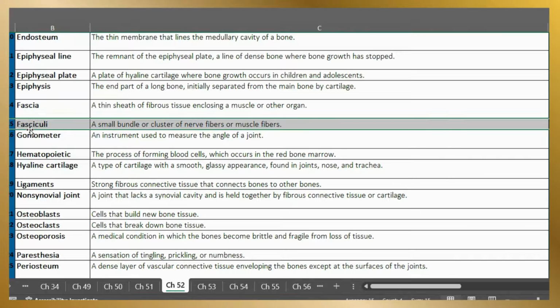Then fasciculi, it's a small bundle or cluster of nerve fibers or muscle fibers. So it's bundles of muscle fibers, like a bundle of sticks, the fibers.